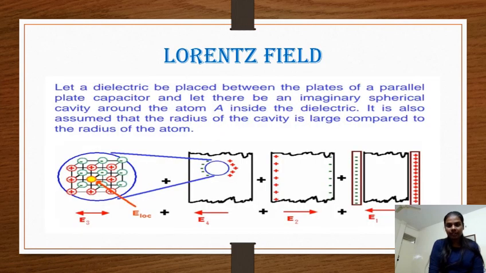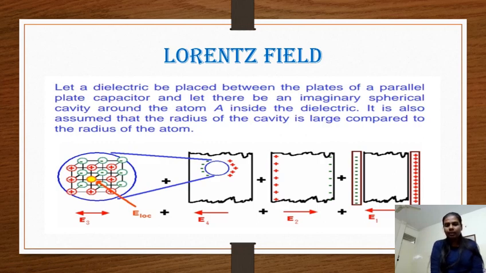So Lorentz field. The figure shows a small experiment by which we can easily understand the meaning of the Lorentz field. Let a dielectric be placed between the plates of a parallel plate capacitor and let there be an imaginary spherical cavity around the atom A inside the dielectric. It is also assumed that the radius of the cavity is large compared to the radius of the atom.